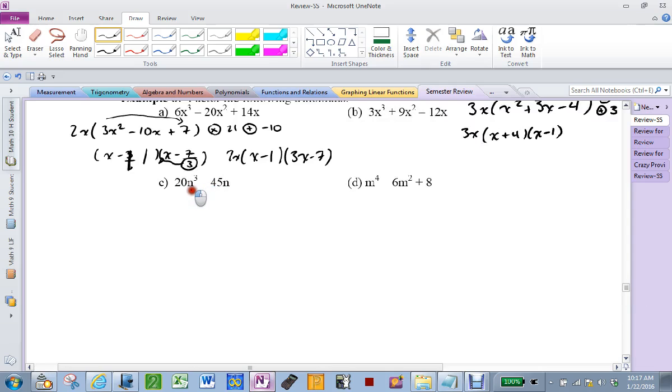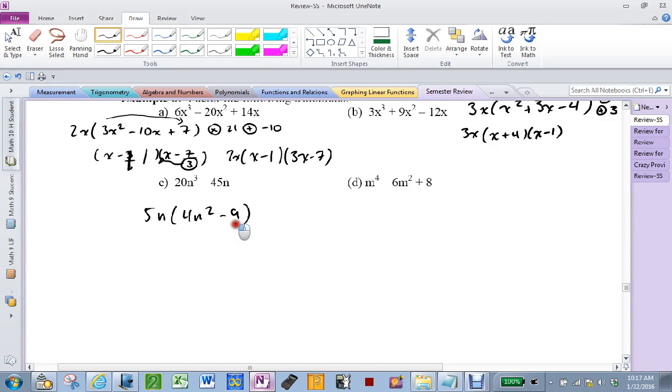C. Blech. It's not a trinomial. So what do I got to do if it's not a trinomial? What's the first thing I always try? GCF. What is it? 5n. 5n, 4n squared minus 9. Am I done? No. Is that answer going to be there?